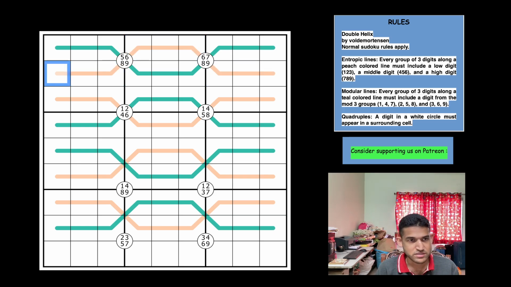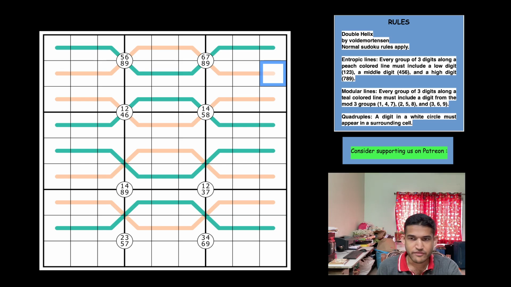So you can call this A, this would be B, this would be C. So again A would repeat. So A, B, C, A, B, C, A, B, C. So if you separate the line into those digits, alphabets, then in every group of 3 cells will have 1 low digit, 1 middle digit and 1 high digit.